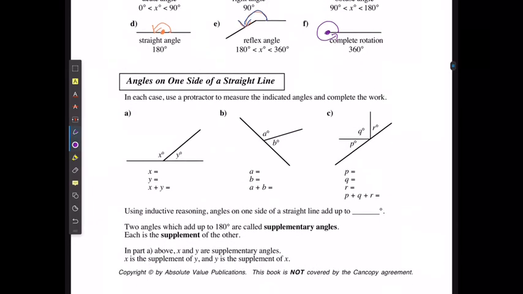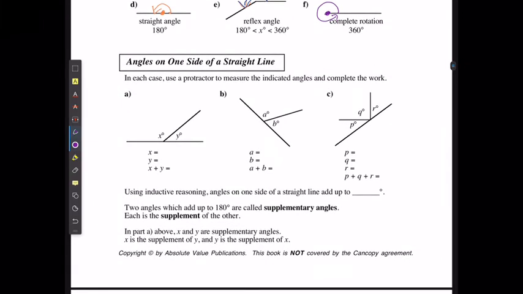If we're looking at angles on one side of a straight line, you might not have a protractor at home, so I'm just going to tell you what the angles are here. The angle of x is going to be 140 degrees. The angle of y is going to be 40 degrees. And they're going to combine to make 180 degrees.